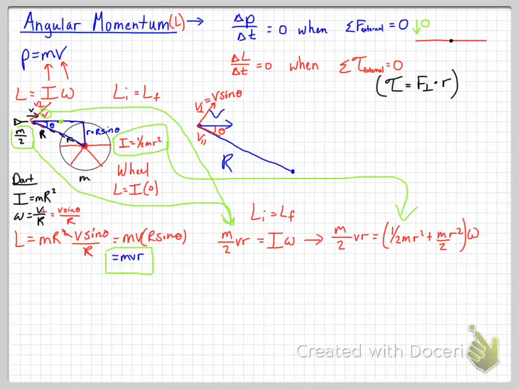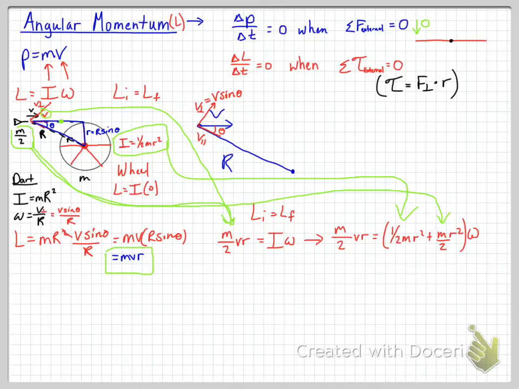So it should be mr squared, but the mass of the dart is m over 2, so we plugged that in, which again, m over 2, we got from there. Plug that in for the mass and treat it like a point mass because it's going to spin around the outside of the wheel. So it's mr squared, but it's mr squared over 2 just because the mass was over 2. So 1/2 mr squared plus 1/2 mr squared is going to end up being mr squared.